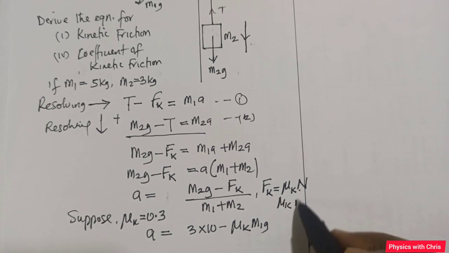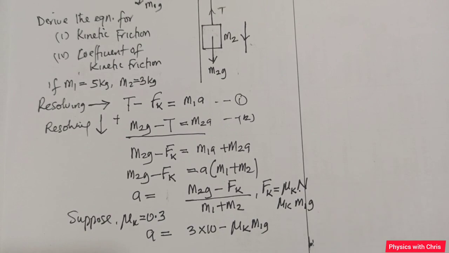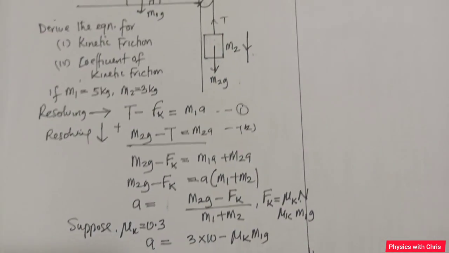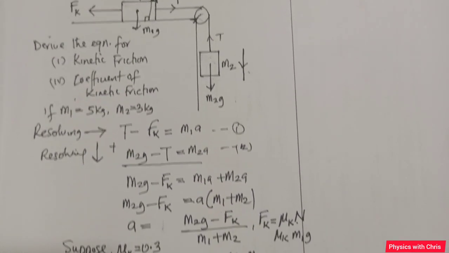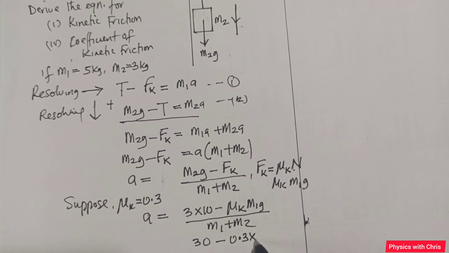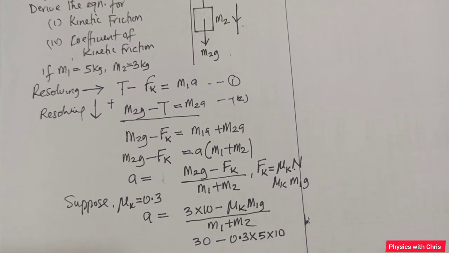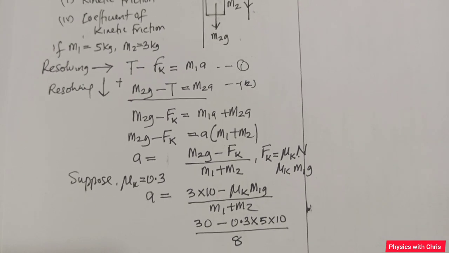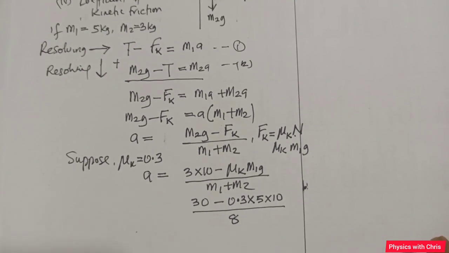My N is M1g, since the normal force equals the weight of block M1. So that gives me 30 minus 0.3 times 5 times 10, divided by the sum of the masses, which is 3 plus 5, that is 8. Alright, so I need to evaluate that.